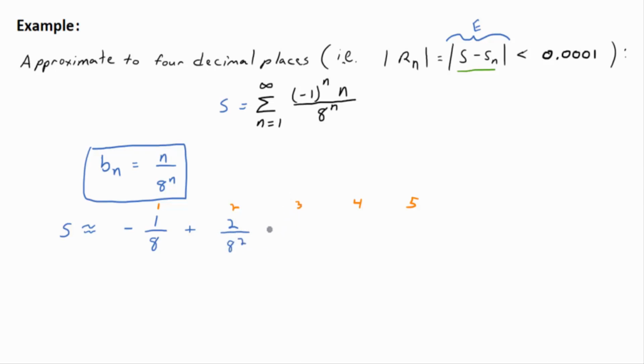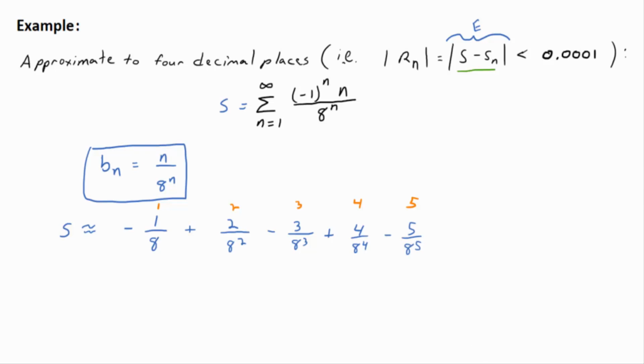And then is it minus or plus the next term? Minus, 3 over 8 cubed. And then plus, because it alternates, 4 over 8 to the 4th. And then minus 5 over 8 to the 5th.